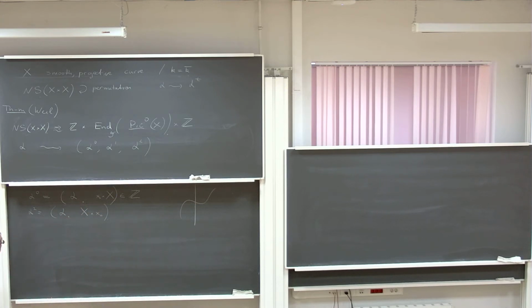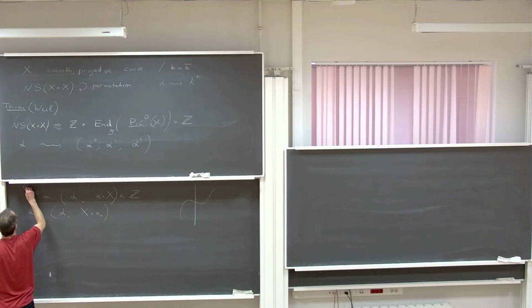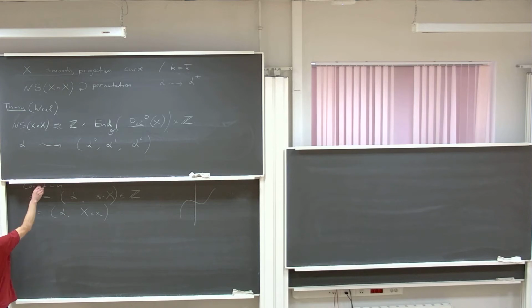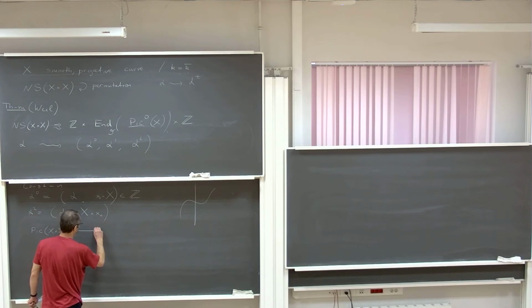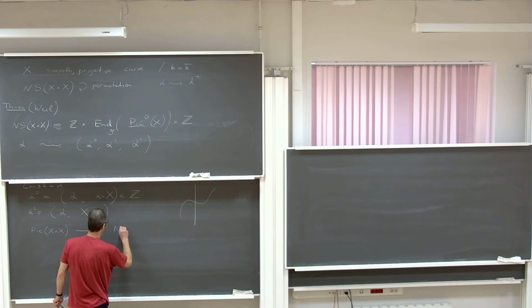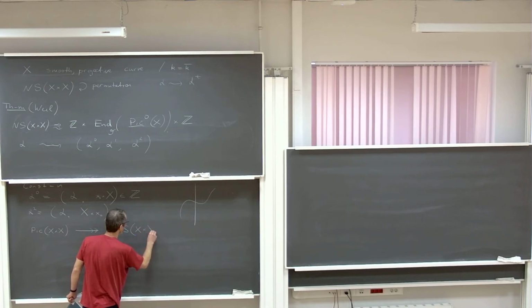So here is what we did. This is the construction of the map. How did we define alpha 1? Well, I defined them all at once. So we look at the Picard group of X times X, and the Néron-Severi group is the quotient of the Picard group.